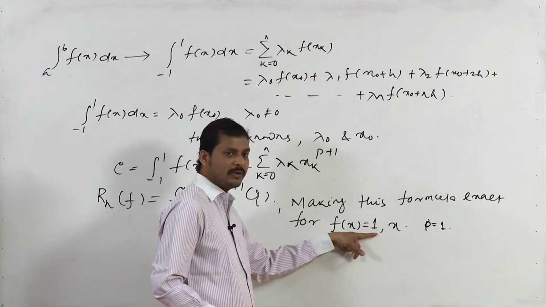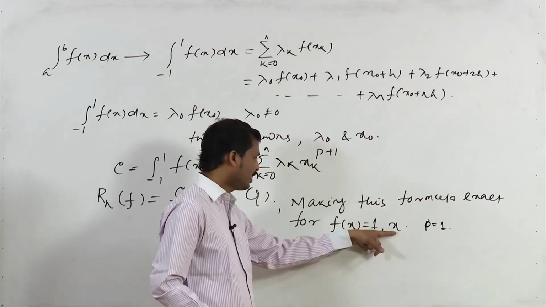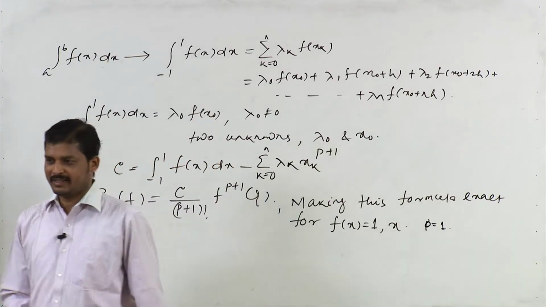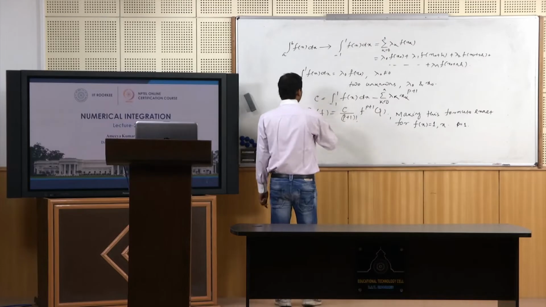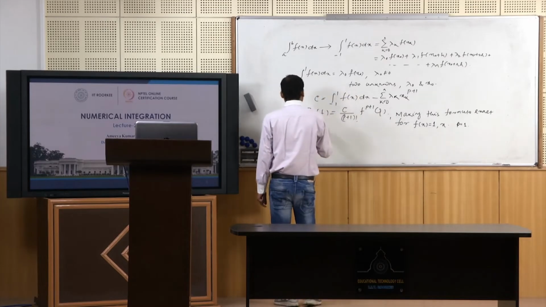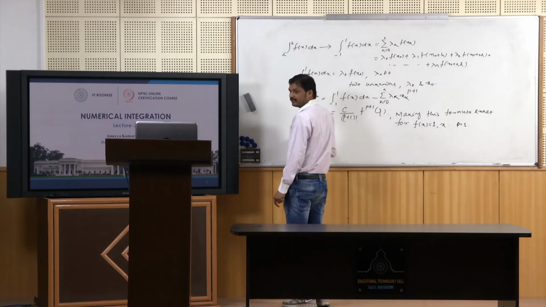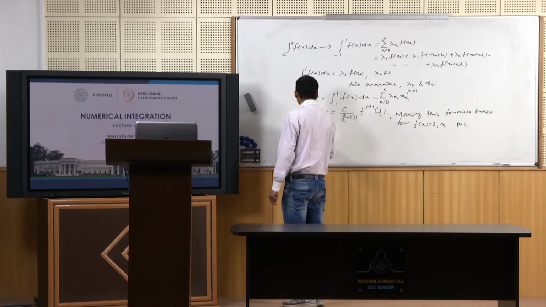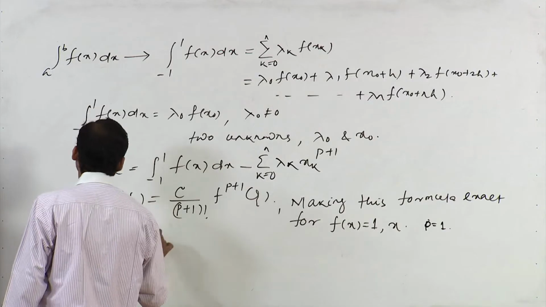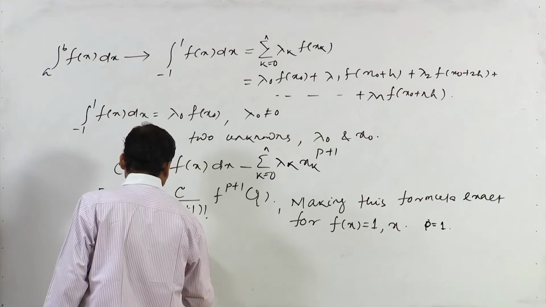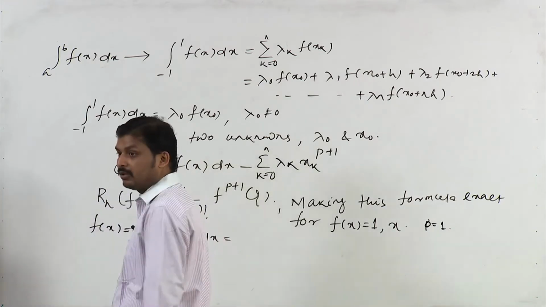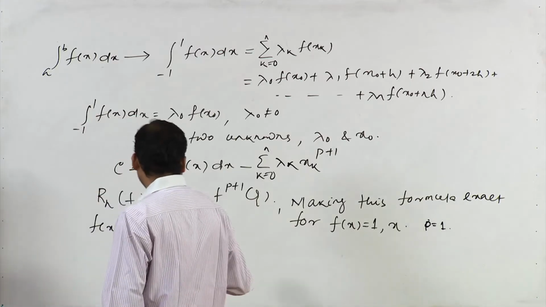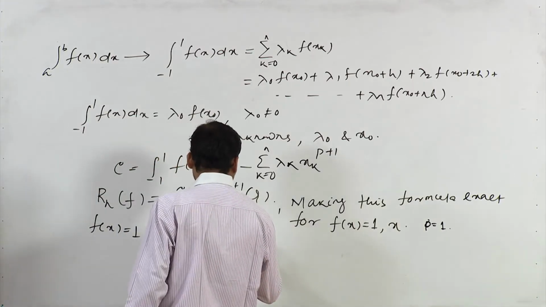The first function is x to the power 0, that is 1, and the second function is x to the power 1, that is x. If we put these functional values in this integration, then for f of x equals 1, we have the integral from minus 1 to 1 of 1 dx.